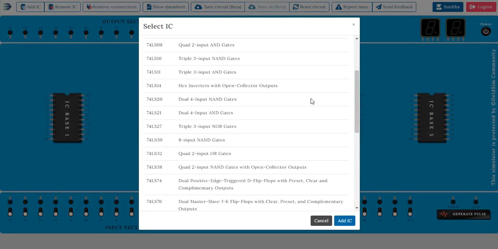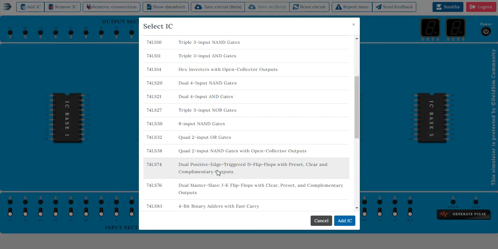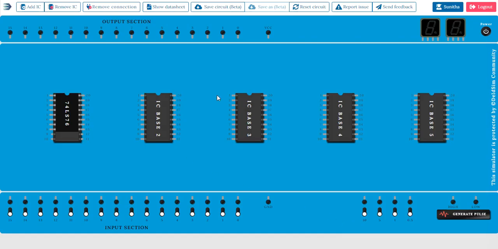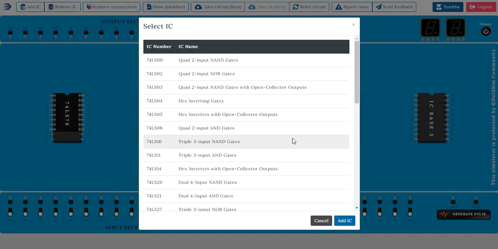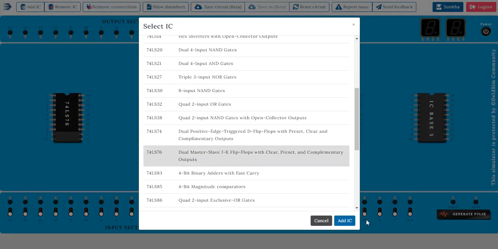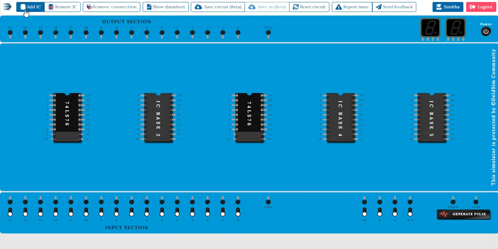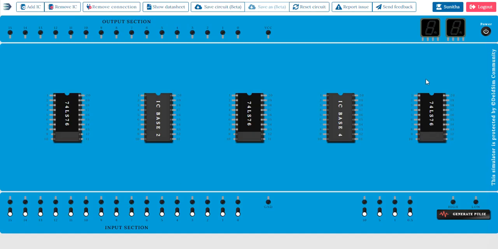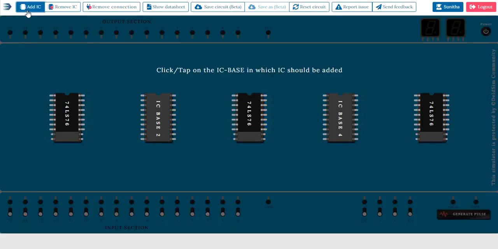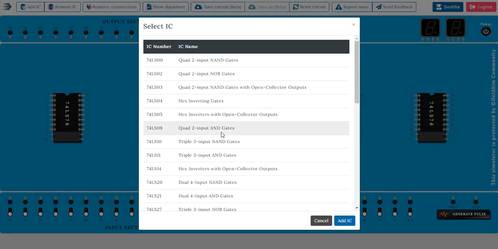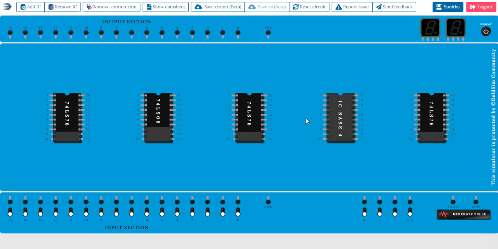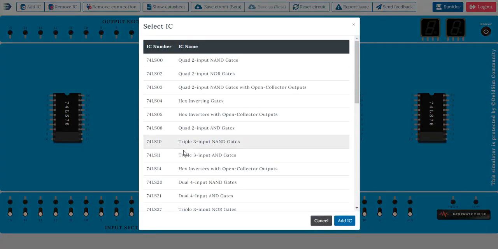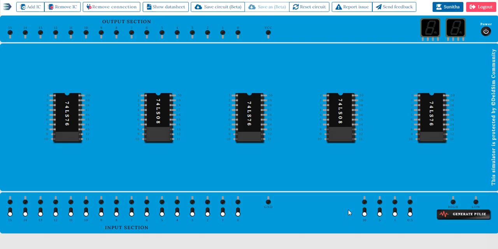The first base is connected with the JK flip-flop 7476, the third IC base is connected with once again a JK flip-flop 7476, and the last IC base, that is 5, is also connected with 7476. So I have added all the 3 JK flip-flops. Now I need to add the AND gate, that is 7408, to IC base 2, and once again an AND gate 7408 to IC base 4.